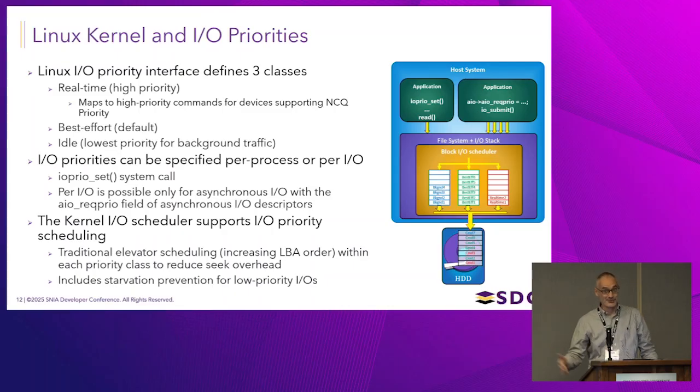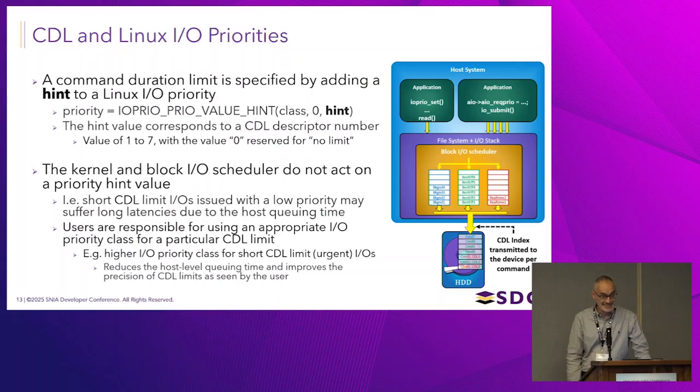So all the queuing was going on in the kernel. And when you wanted to control latency with that, you had to have something in the kernel that would tell which commands are urgent and which commands can wait. This is a very old technology. It's still there. But what we did with CDL is we reused that interface because it's all existing, it's all wired already. But we added one field to the I/O priority definition, which is 16 bits as a value.